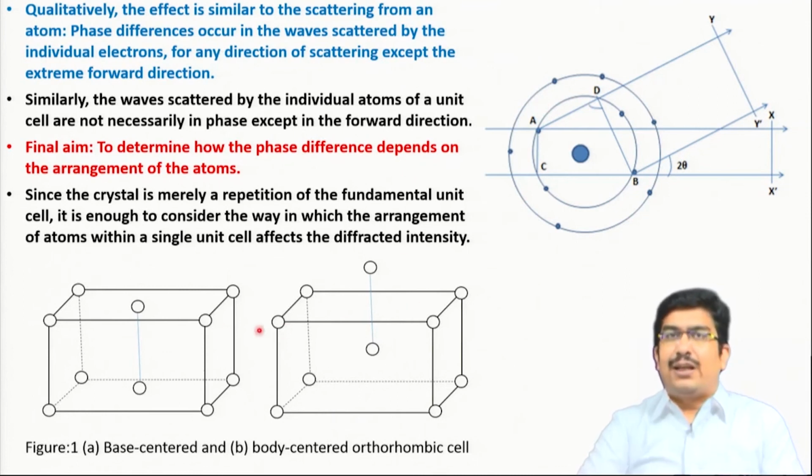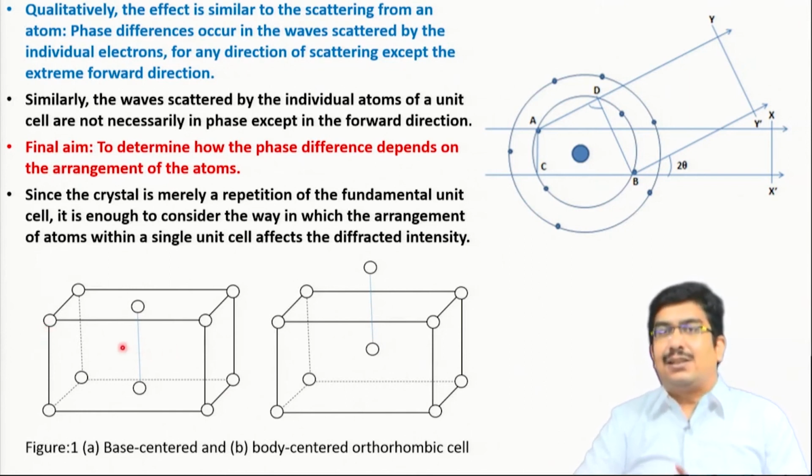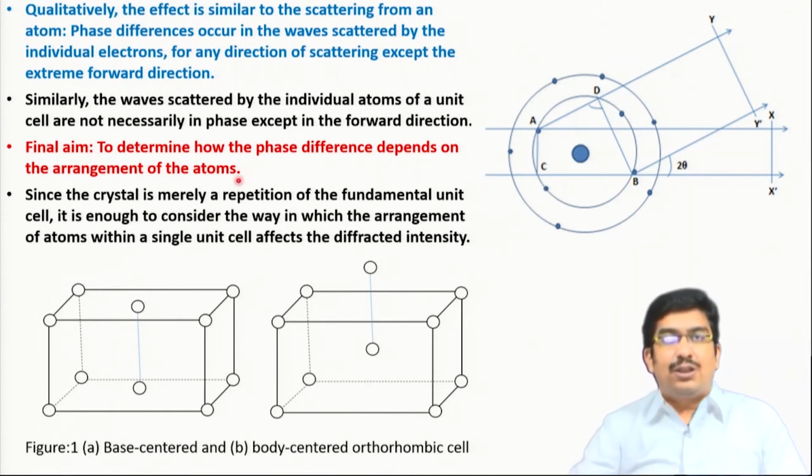Here also we can do the same thing, but instead of electrons we will consider atoms. The waves scattered by individual atoms in a unit cell will have a certain phase difference between them due to their different atomic positions. For example, in the body centered orthorhombic cell, the position of the corner atoms and the position of the body center atom are not the same.